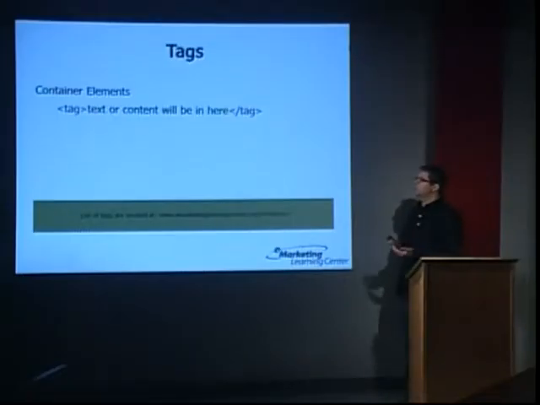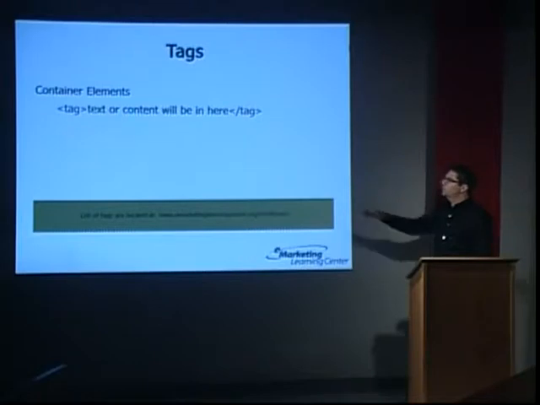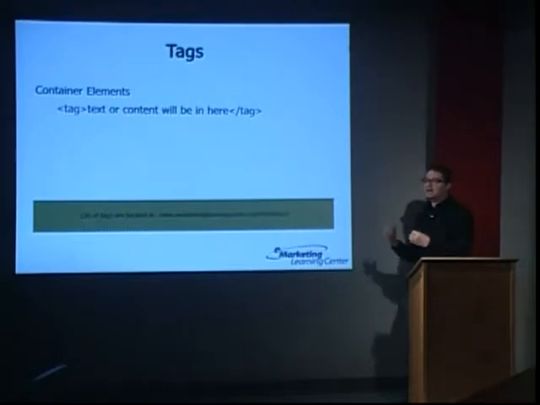There are two main types of tags. You have container elements, where you have an open tag, and the text and content that's in between. Like I said, that could be images, links, or other items. Then you have a closing tag that always includes a backslash. So you have the open caret, the tag name, close caret, then the content.